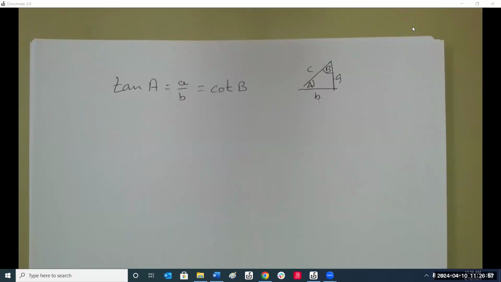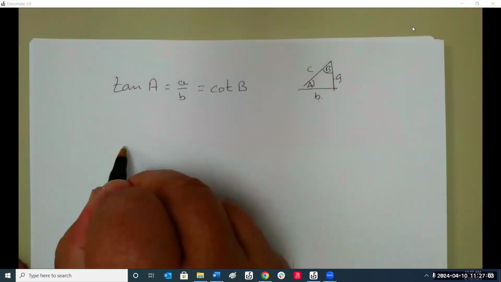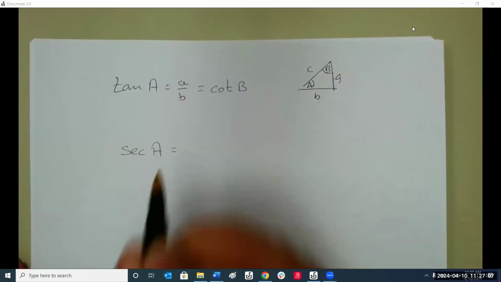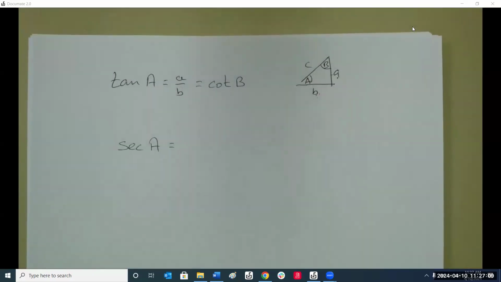And what else? What's the last pair? What is the secant of A?